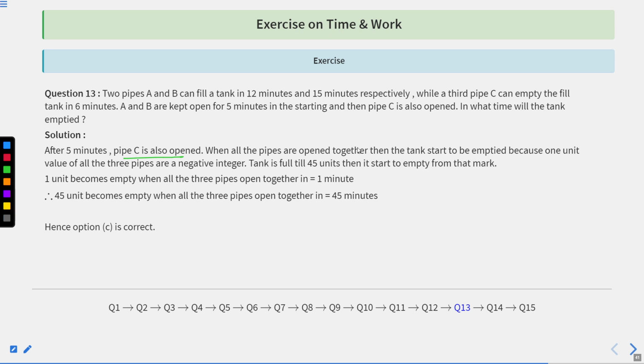So when all the pipes are open together, the tank starts to empty because 1 unit value of all the 3 pipes is a negative integer. Tank is full till 45 units, then it starts to empty from that mark. And 1 unit becomes empty when all the 3 pipes are open together in 1 minute. Therefore, the 45 units become empty when all the 3 pipes are open together in 45 minutes. So the correct option here is option C.